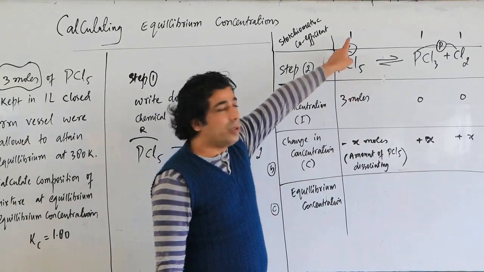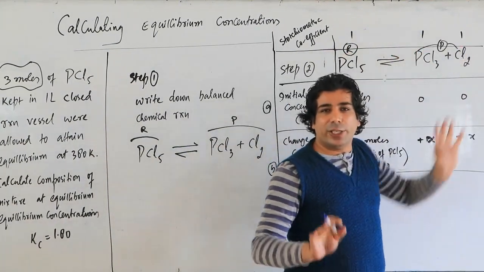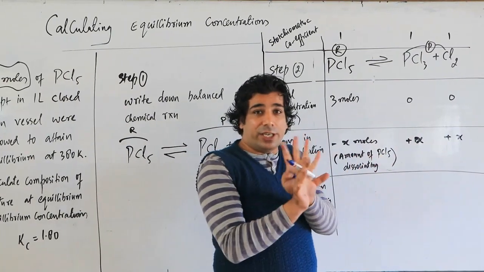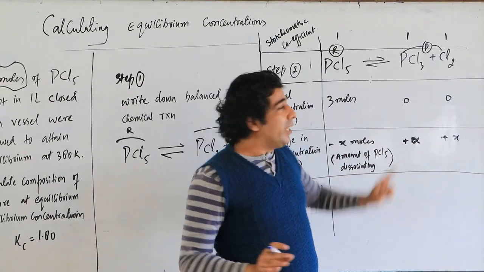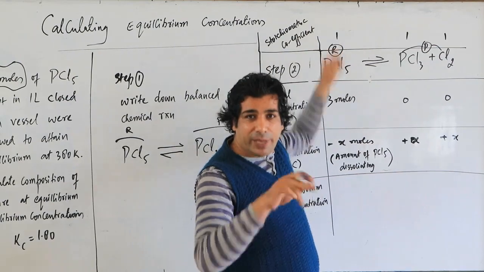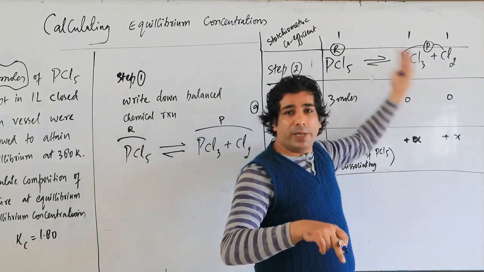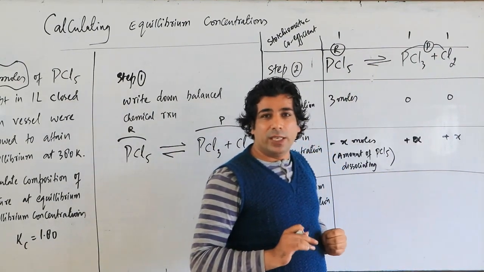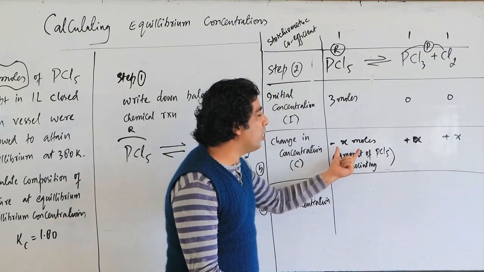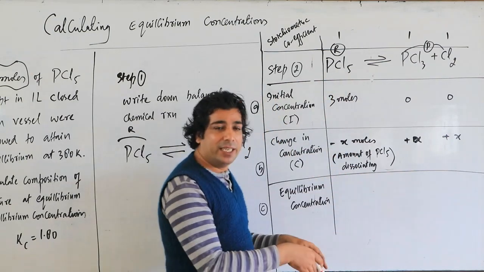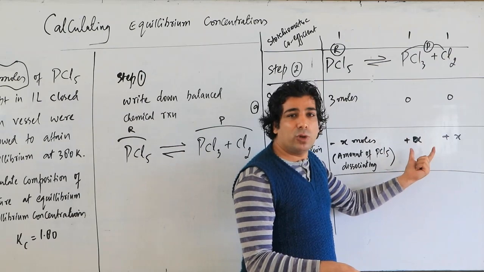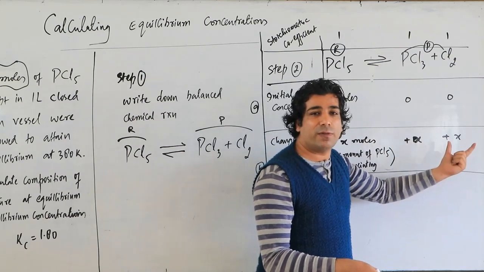What is the ratio? 1:1:1 is the ratio. That is the general reaction ratio. In the same way, if X moles of PCl5 are breaking, then you will get X moles of PCl3 and X moles of what?